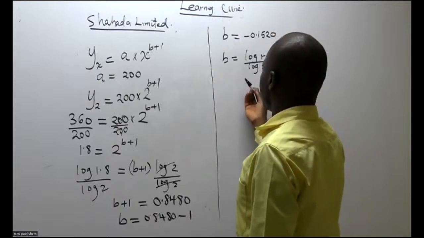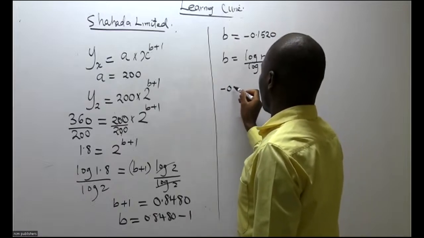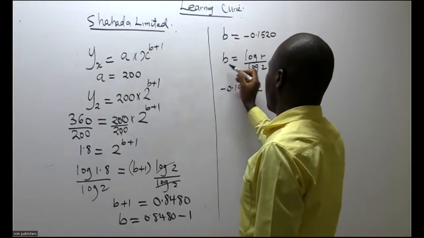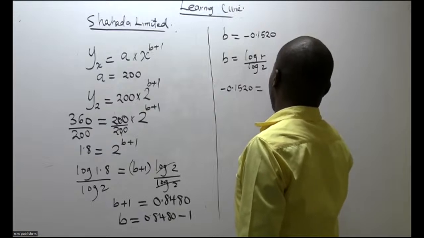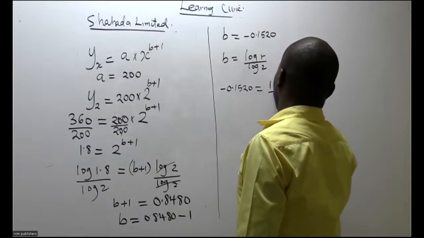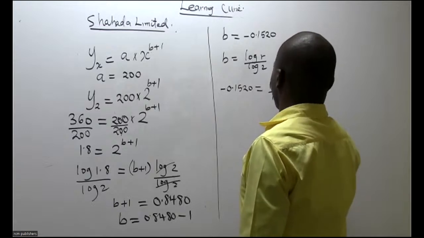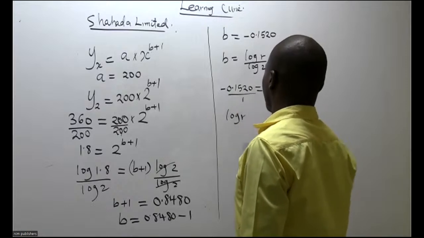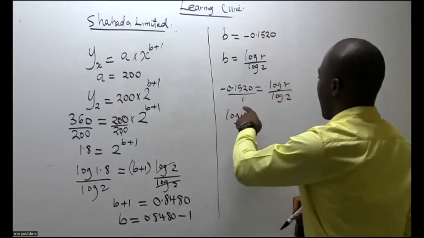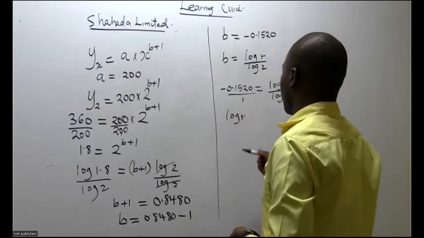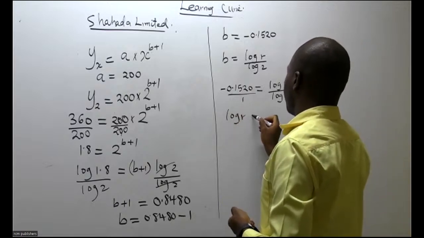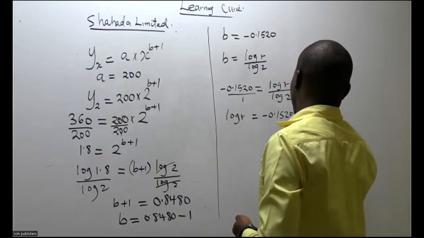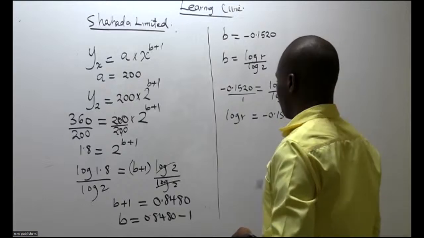So come and do us a very simple thing here. Negative 0.1520, that is B, is equal to log R, which we do not have, divided by log 2. This R is unknown, so you cross multiply: log R is equivalent to negative 0.1520 times log 2.